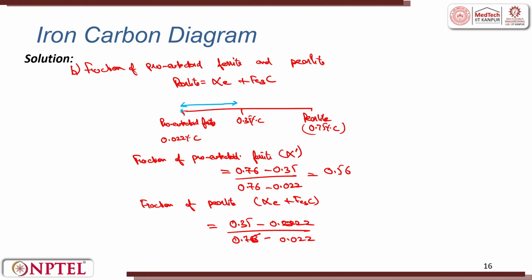The total is this red line that is all given. The green line is my fraction of proeutectoid ferrite.